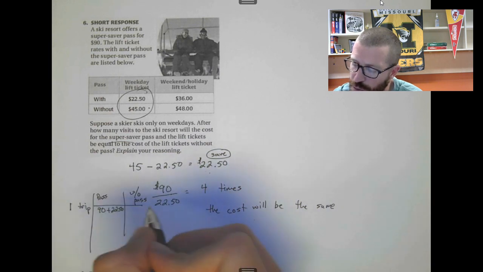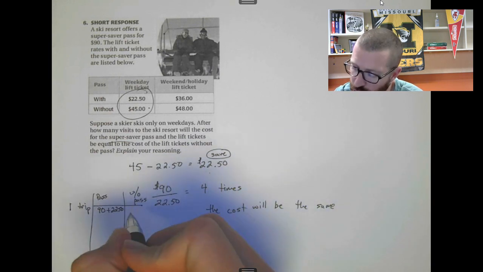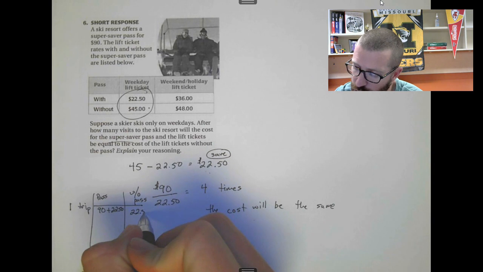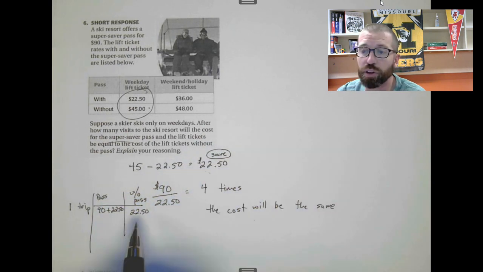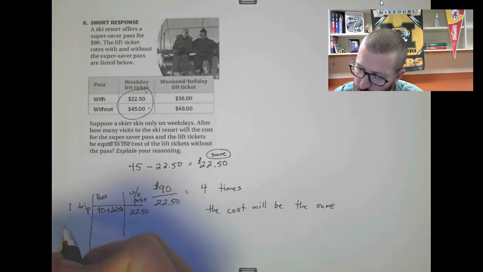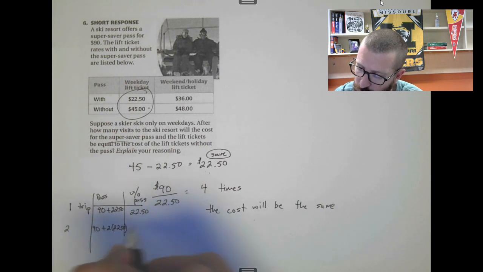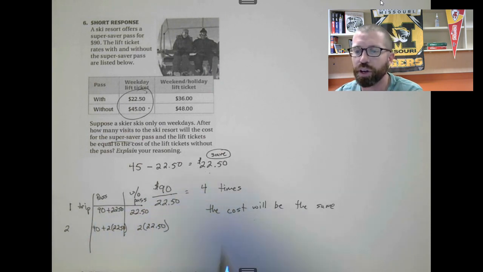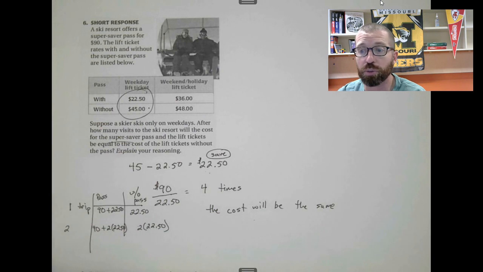If they don't have the pass, then one trip is just 22.50. And you can compare those two. Two trips would be 90 plus 2 times 22.50, and then 2 trips here would be 2 times 22.50. And you could keep going, 3 trips and 4 trips and so on.